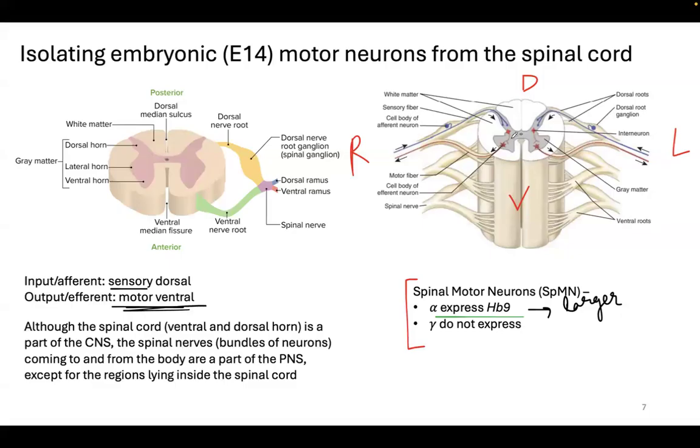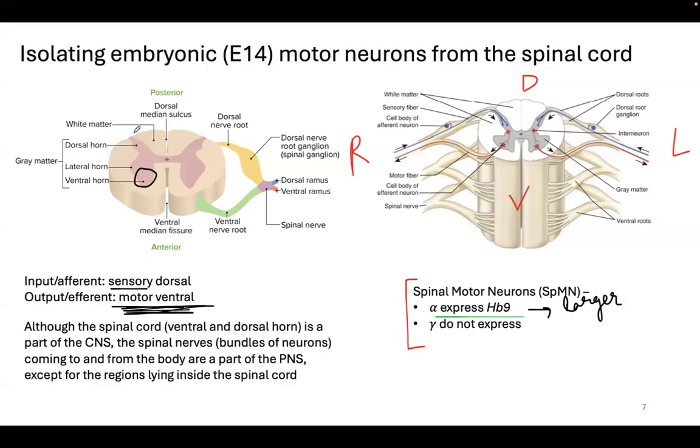So motor neurons are from the ventral side. That's the ventral horn, where they are coming from. So this is where your motor neurons are coming from. So what I've written here is, if you just say that the spinal cord is composed of your dorsal and ventral horn, that's the CNS.